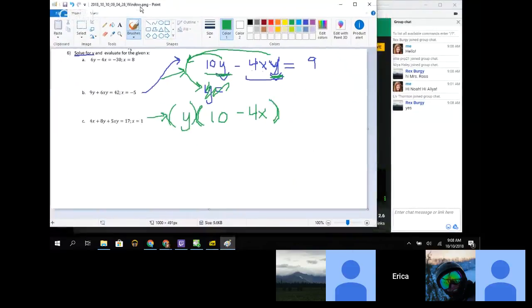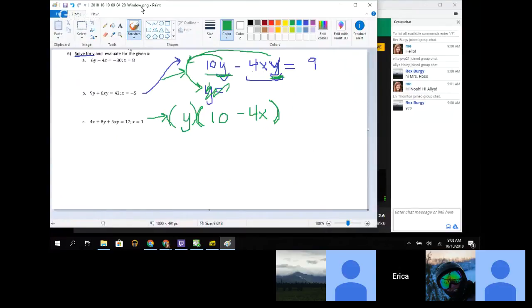So Otto says, yes, that makes sense. If I then distribute this, with the distributive property, I'm back to 10y minus 4xy. If I distribute it, I end up back at my original equation.